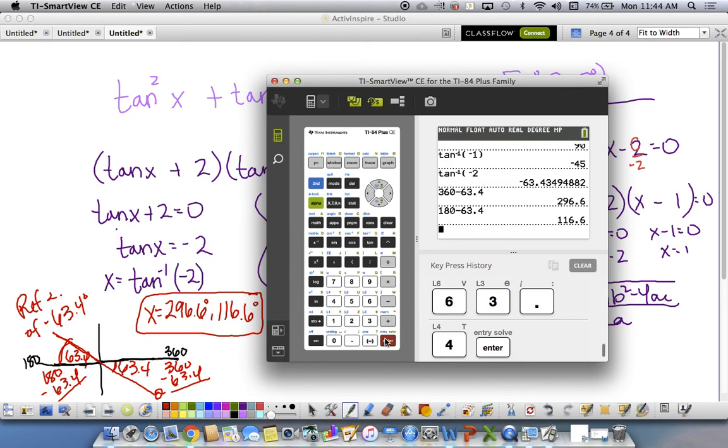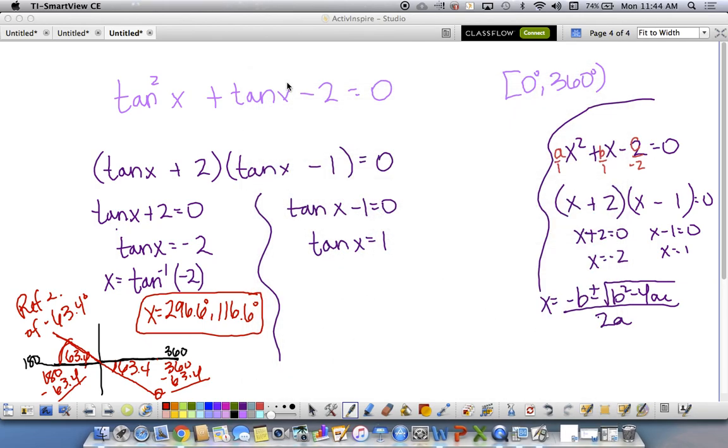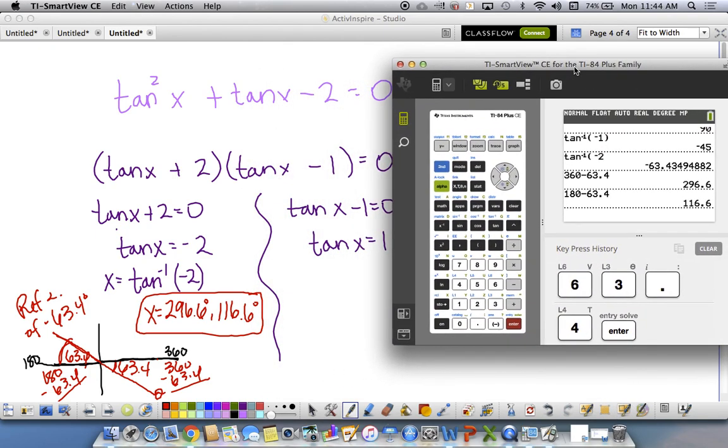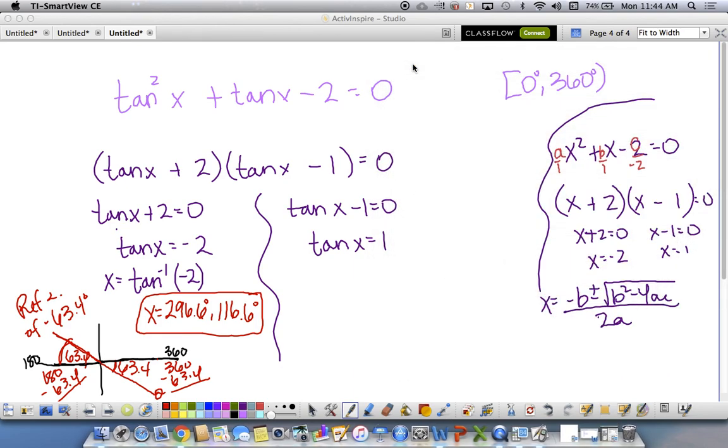Okay, the other piece, tan -1 of 1. Let's pull it back up here. Inverse tan of 1 is 45 degrees. We're in a 45, 45, 90 triangle, so my reference angle is 45 degrees. Which quadrant are we in?